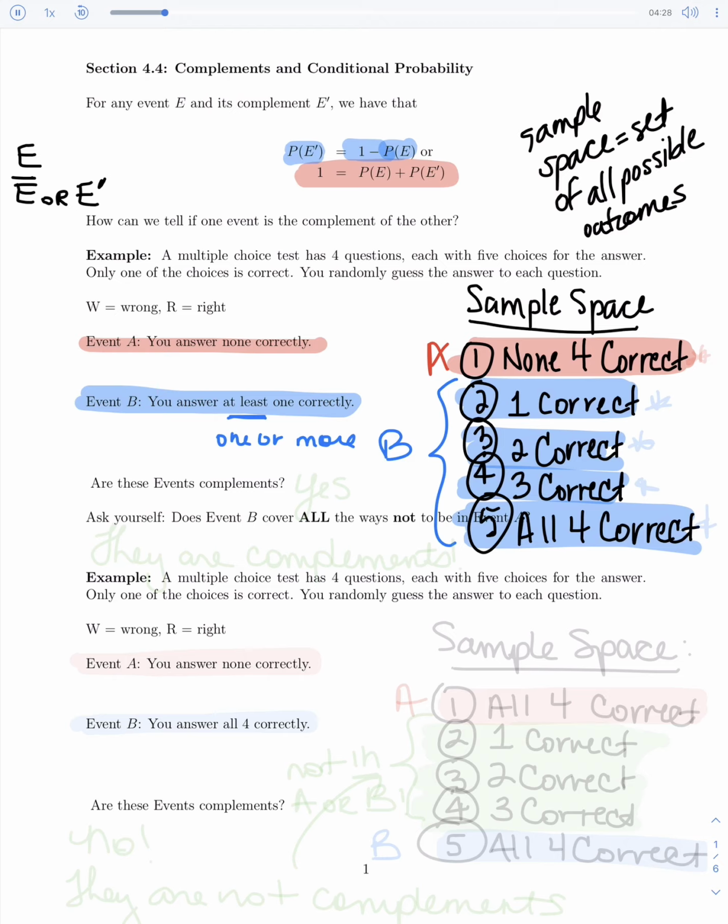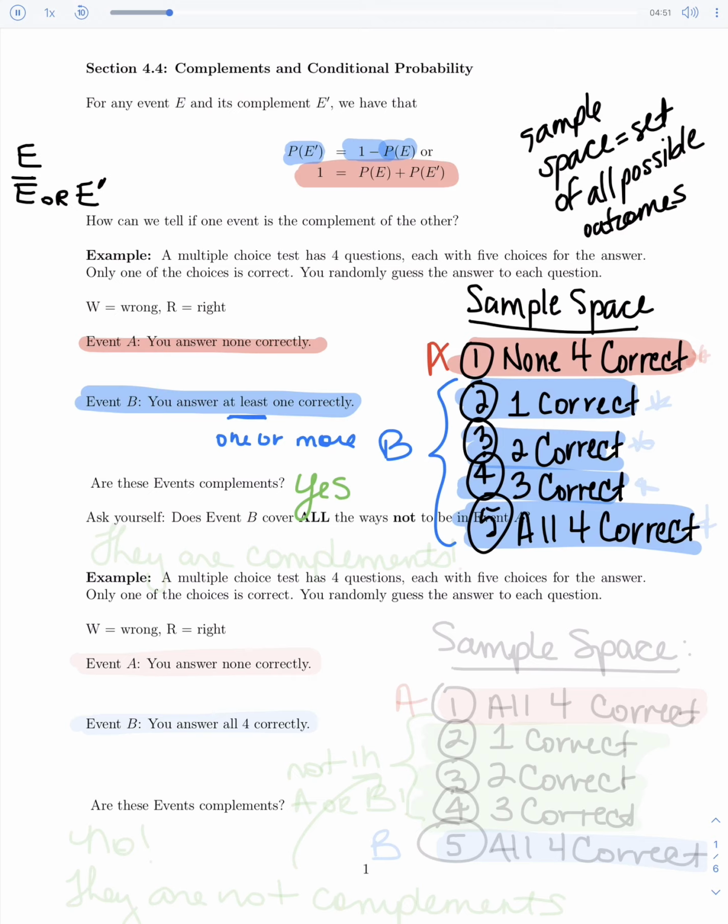Now the question is, are these 2 complements? And here's where, if you write out your sample space and you look at it this way, you can answer really quickly. The answer is yes, they are complements. The question is why? Yes, they're complements because together we get all of the options in the sample space.